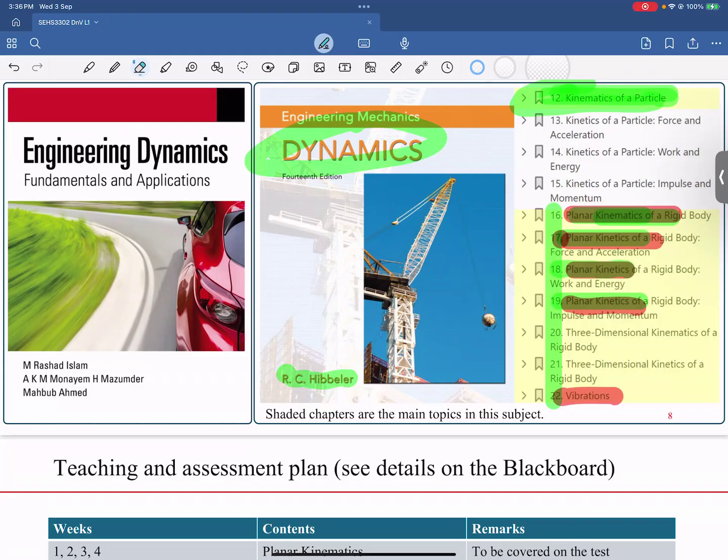Because you need to analyze. The same thing for the vibration. Although it just has one word, vibrations, actually when we expand it, it has very different cases and topics.